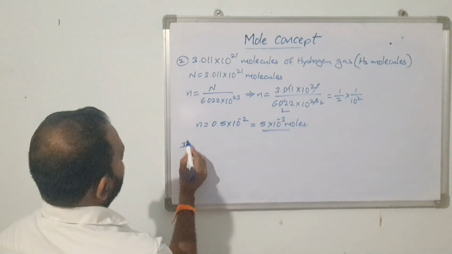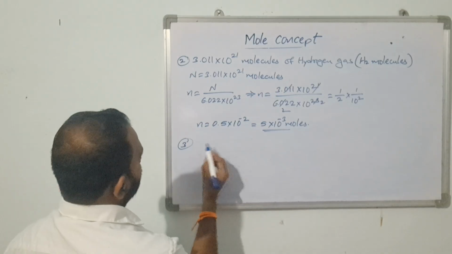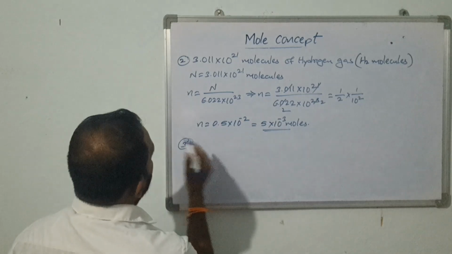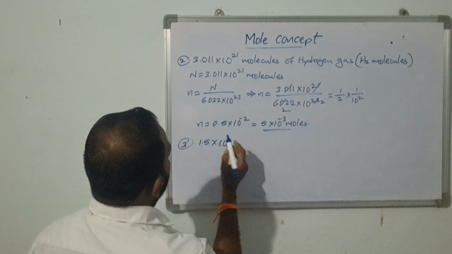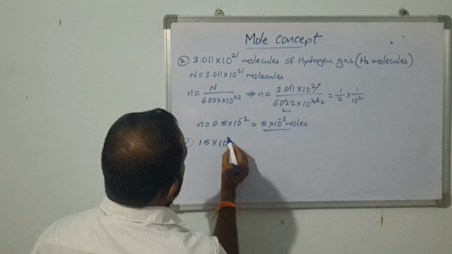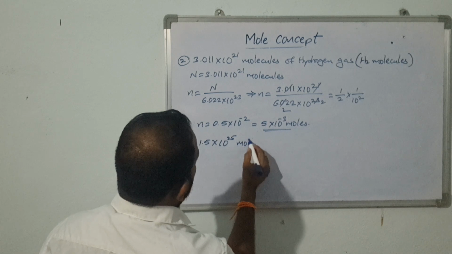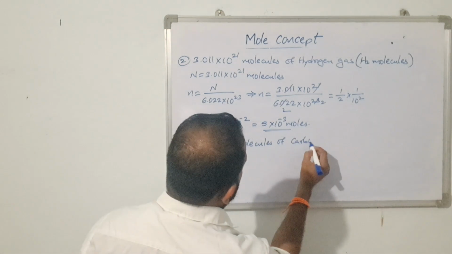Okay, and one more question, that is 1.5 into 10 power 25 molecules of carbon dioxide.